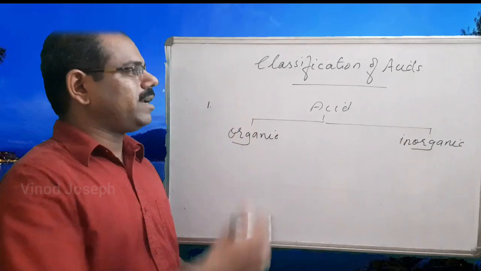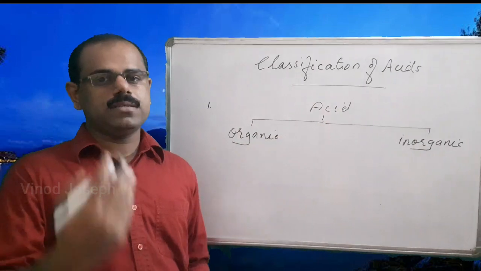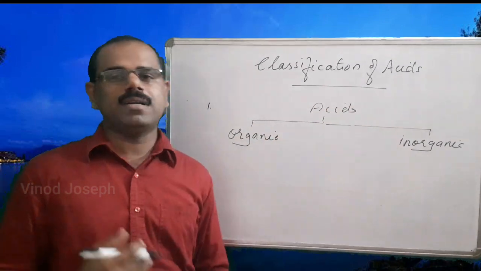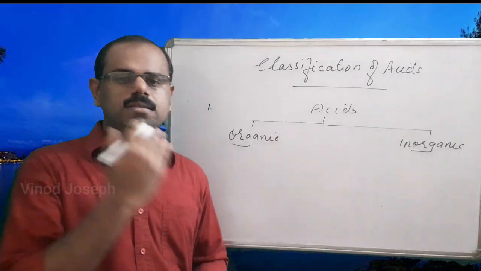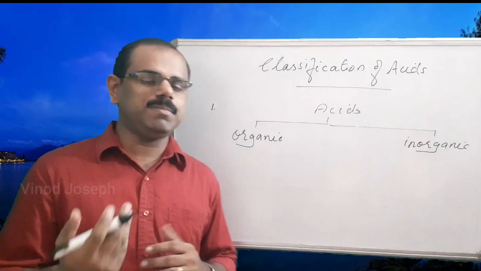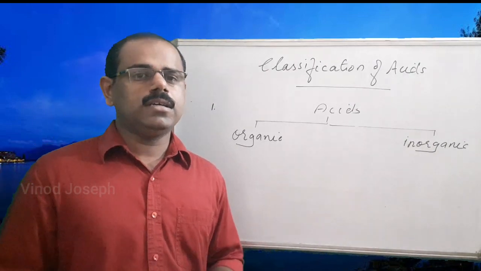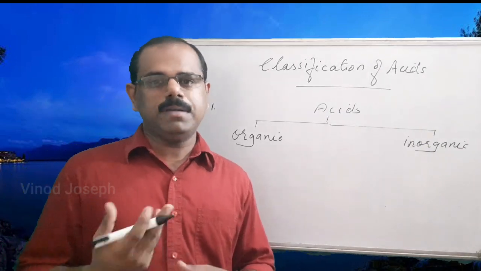So now we see the classification of acids. The first classification: acids can be classified into organic or inorganic. Organic acids are found in or derived from animals or plants. Especially it is found in fruits or in animals or animal products.